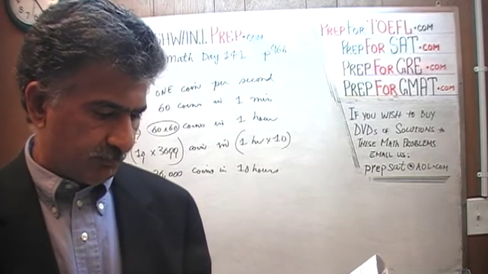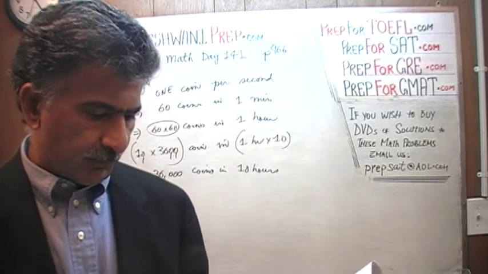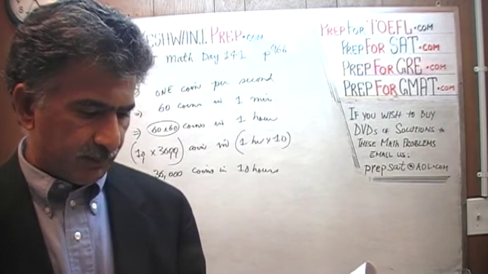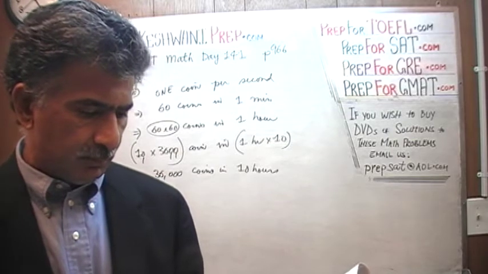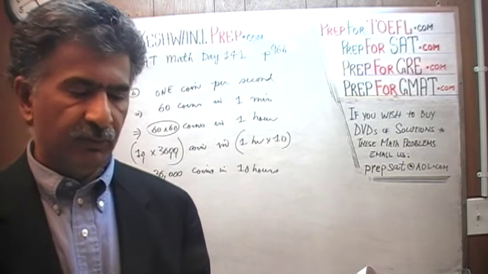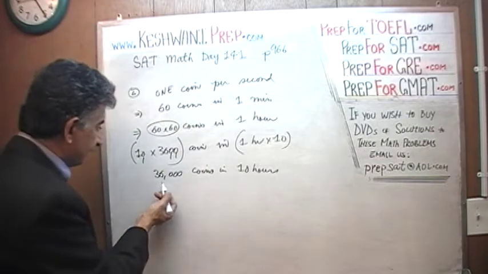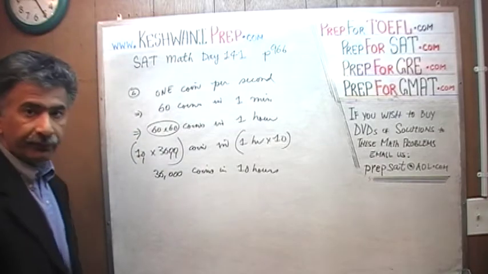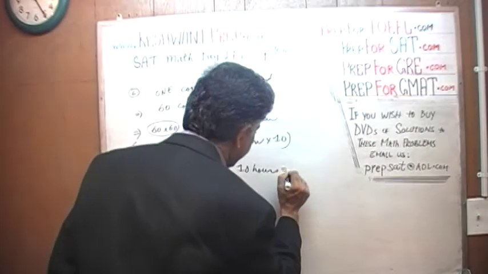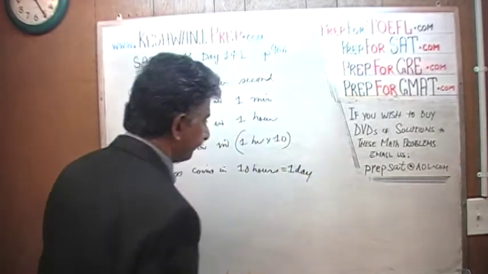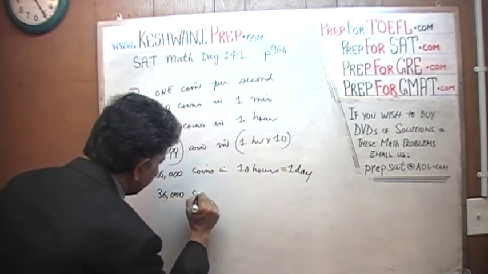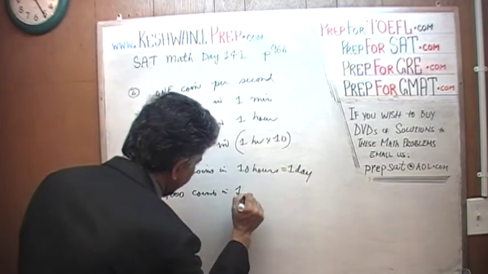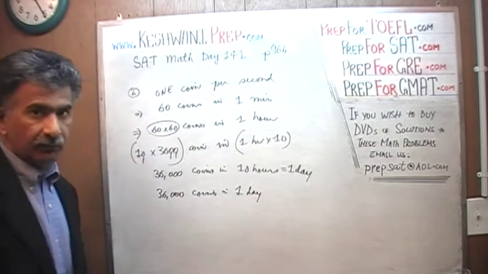The question is, let's see what they're looking for. Approximately how many days will it take the machine to mint 360,000 coins? Well, it makes 36,000 coins in 10 hours, which is 1 day, which is what they're defining as 1 day. So it makes 36,000 coins in 1 day, because the machine works only 10 hours a day.